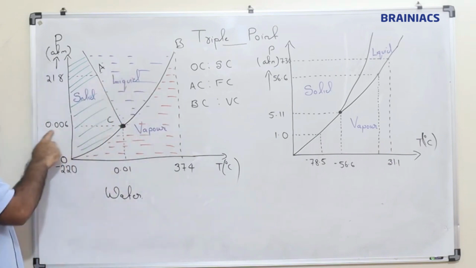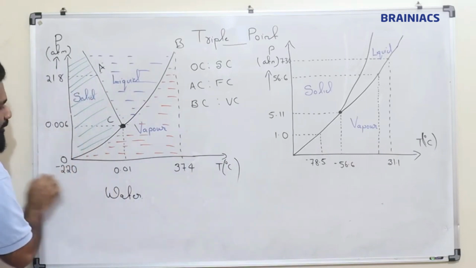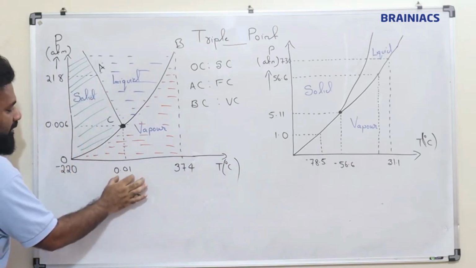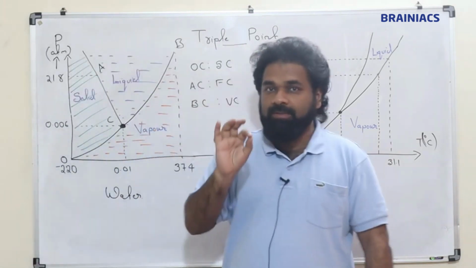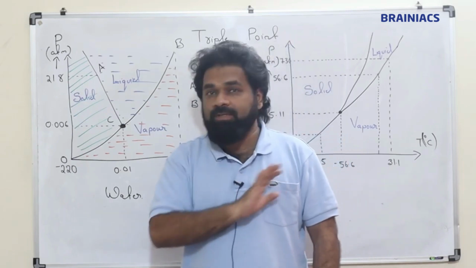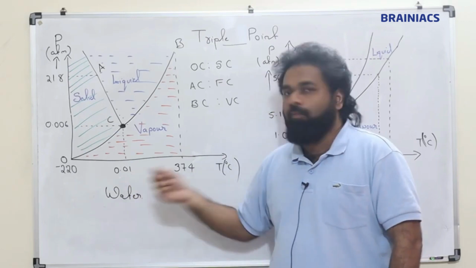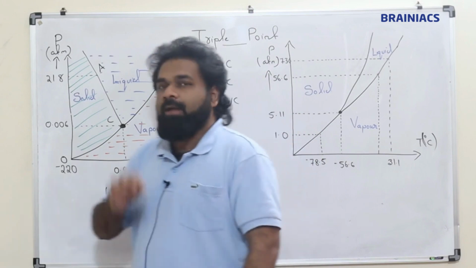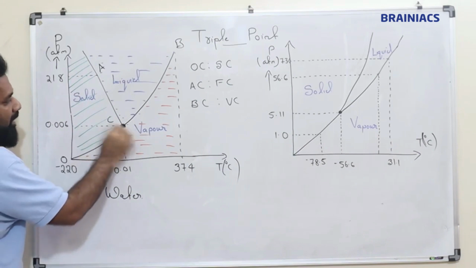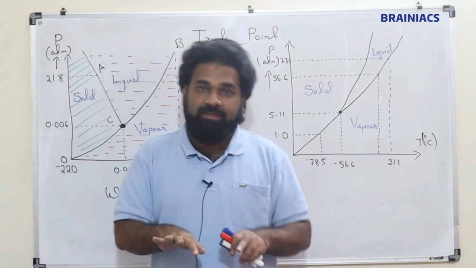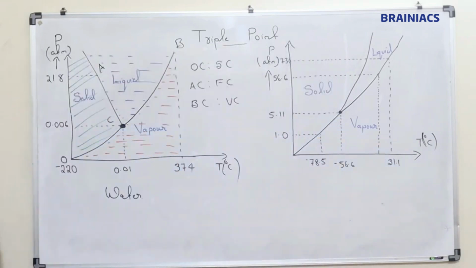At very low pressure, 0.006 atmosphere, and at a temperature of 0.01 degree Celsius, not 0. We know 0 degree Celsius, this is just 0.01 degree more than that. At these two values, at this pressure and this temperature, they coexist.